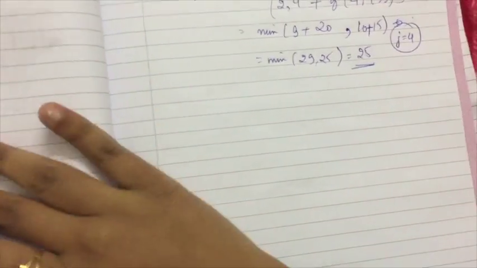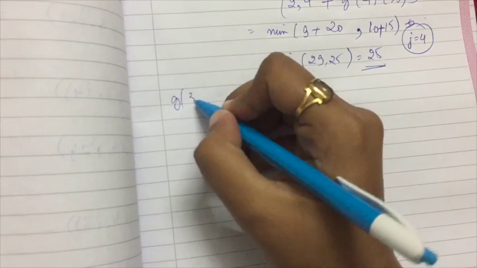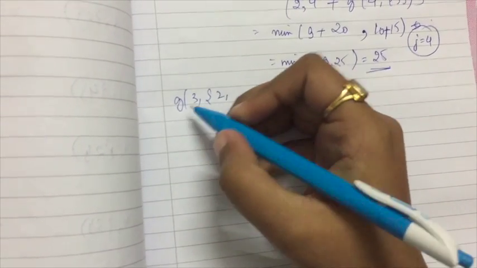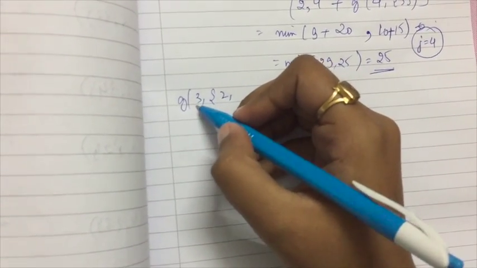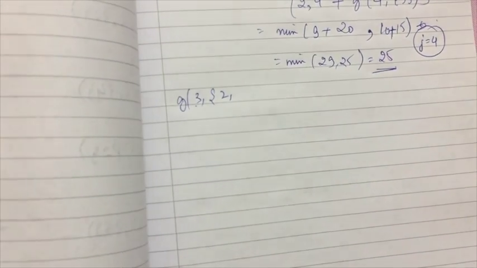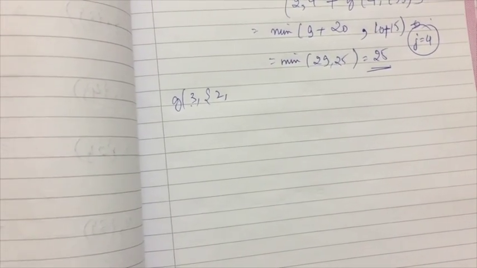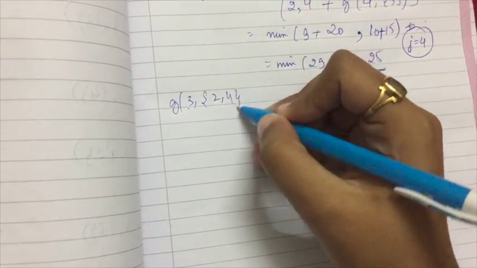Similarly, I find out for G of 3 comma. Now when it has reached vertex 3, 1 is already in the solution set, so now it has to go to 2 vertices, 2 and 4.